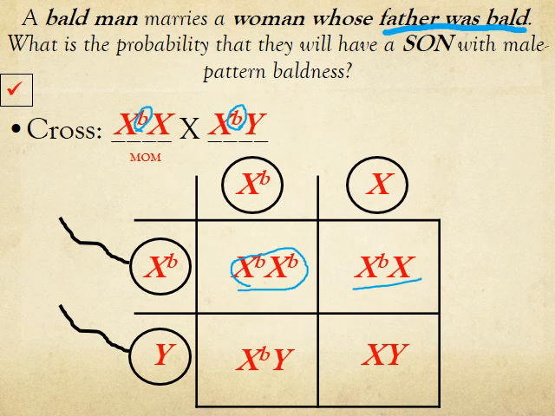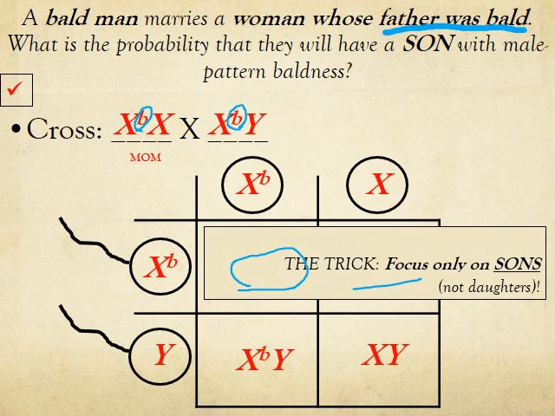So, what is the probability they'll have a son with male pattern baldness? Once again, we're only looking at the sons here. So, it looks like we have a 1 in 2 shot that the son will be bald. So, there's a 50-50 shot that the son will be bald or carry the male pattern baldness trait.